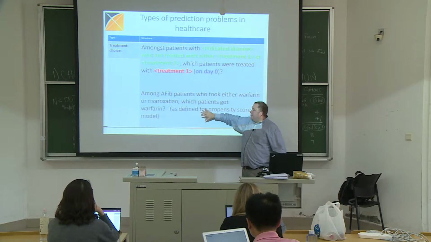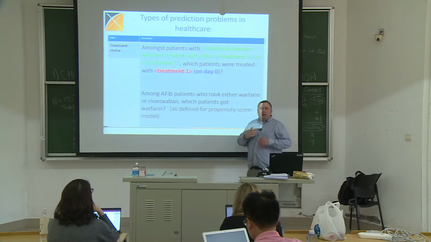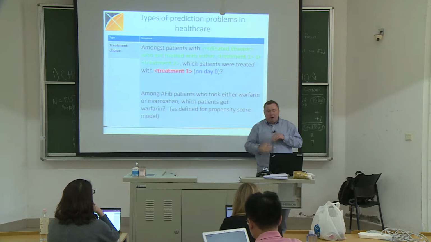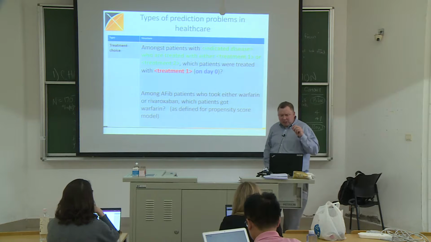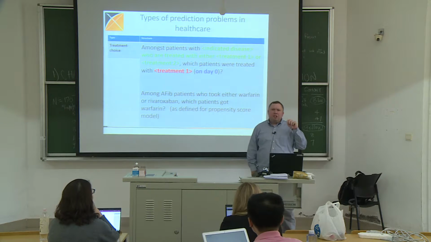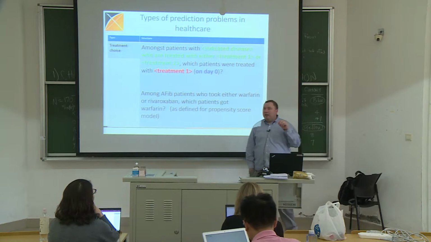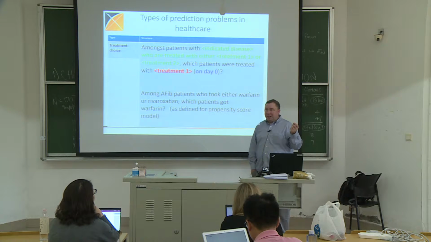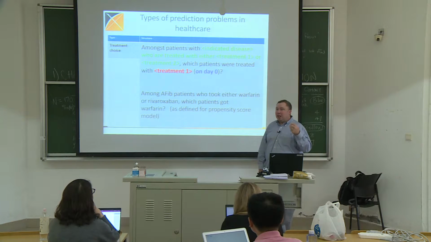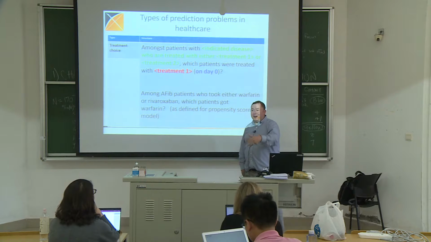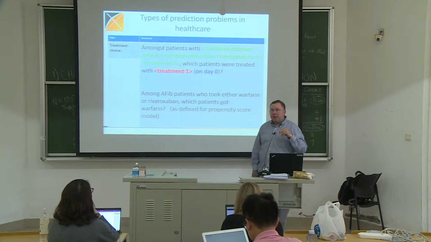So it is important to think about what this problem is actually doing. This prediction problem is not telling you which treatment is best for a given patient. It is not telling you that one drug gives you better outcomes than another one.